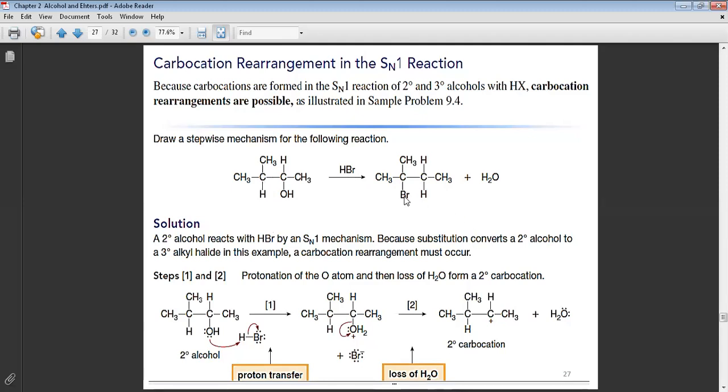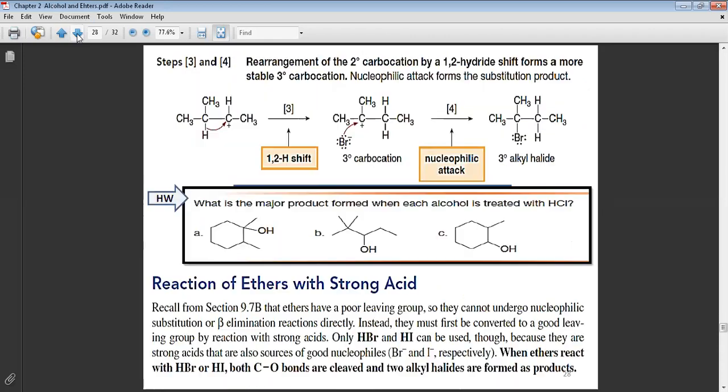Look, the Br is here now, not here. What is the reason? Because of the rearrangement. As I explained before: protonation gives you a secondary carbocation.